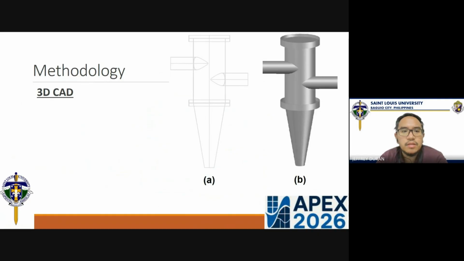So what was the methodology that we have done in our research? Firstly, we have undergone the usual modeling using 3D CAD. We have this initial design from our previous study. Then we further optimized this one.